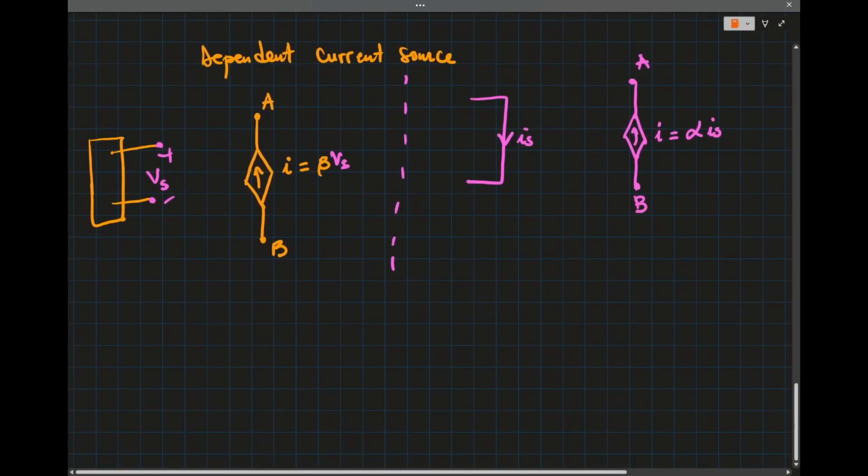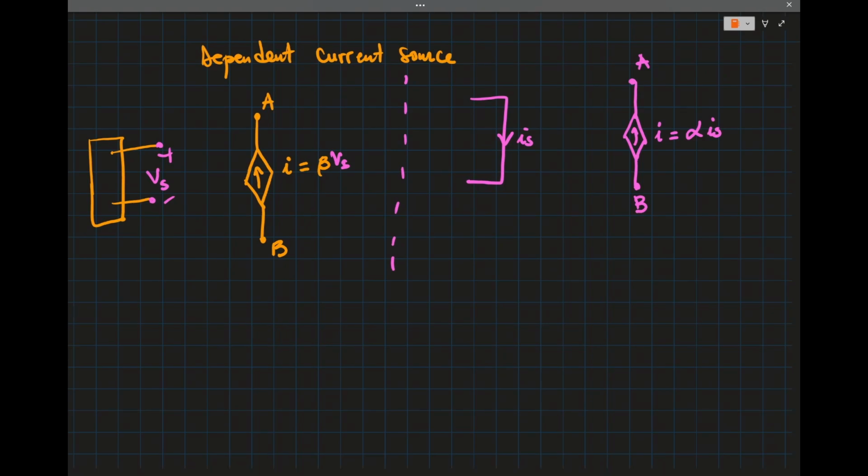So for now we know the passive components that we talked about so far. We have the resistor. All right, we briefly talked about the capacitor and the inductor in some other videos. And there's sources.